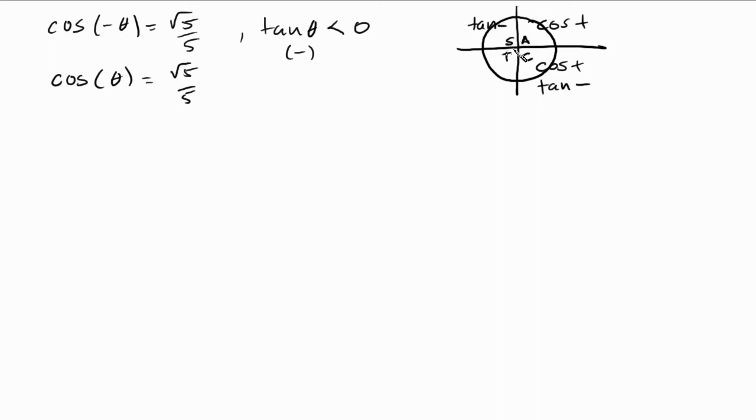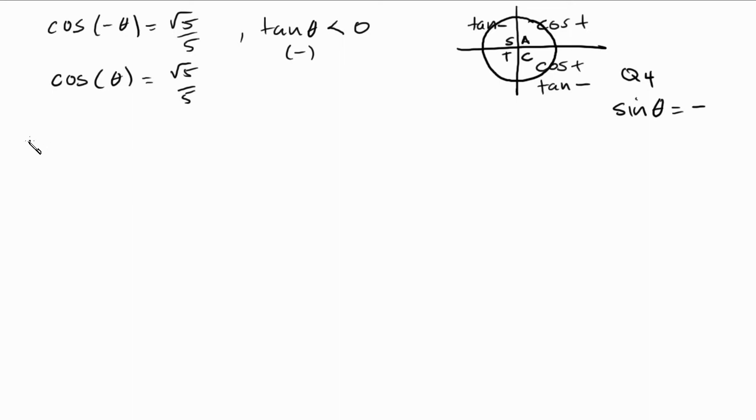So why aren't we choosing quadrant 2? Well, because in quadrant 2 cosine would be negative, and that doesn't work. So the only quadrant where cosine is positive and tangent is negative is quadrant 4. So our final answer of sine theta is going to be a negative number. We just need to figure out what that is.